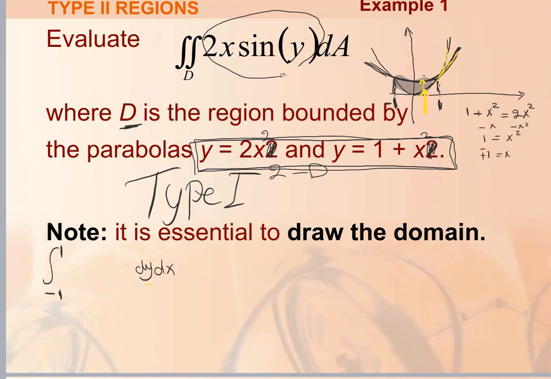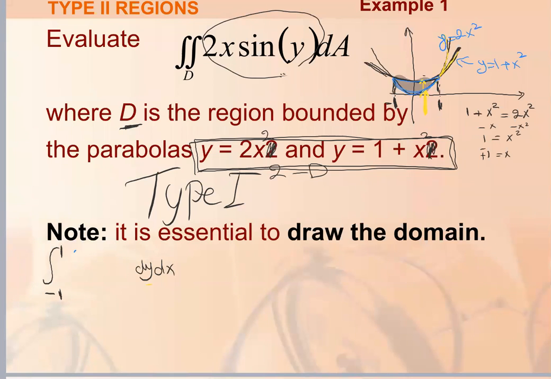So what's the lower one? I think blue is more clear. The one passing through the origin is the lower one, and the one that is 1 unit shifted is the upper one. So I have started from this one first, and then this one last.